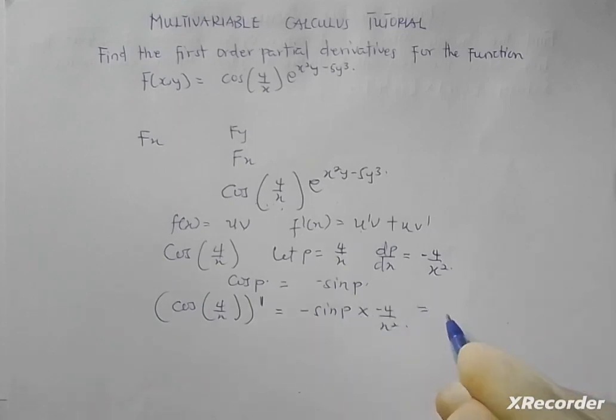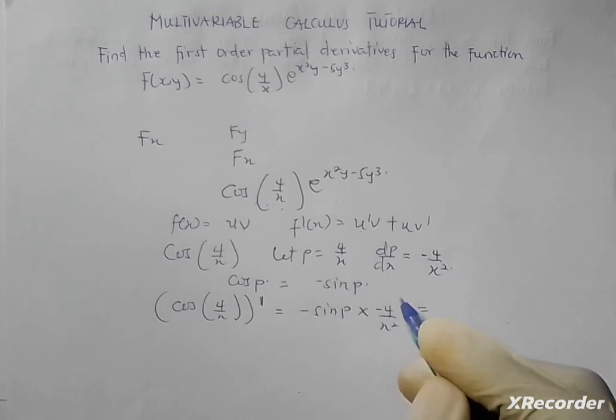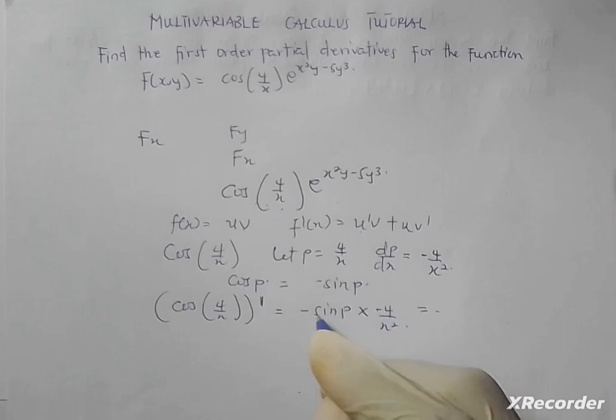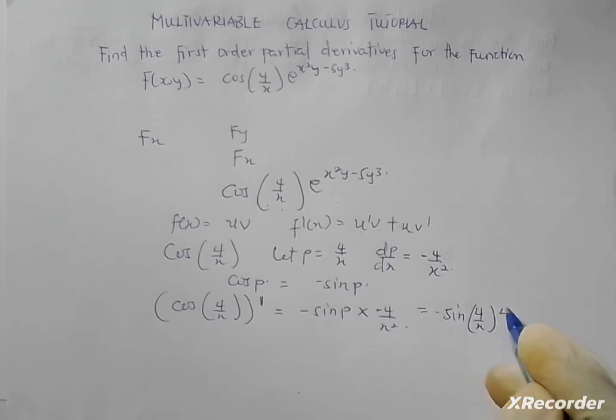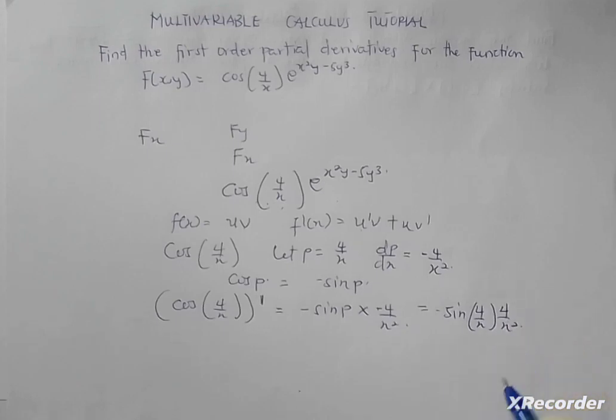And this still further simplifies to, our p is 4 over x, so negative and negative cancel to give us positive, and I'm going to get positive sine of 4 over x, then multiplying 4 over x squared. So that is actually the derivative of cos of 4 over x.